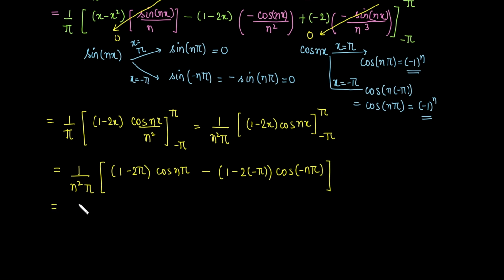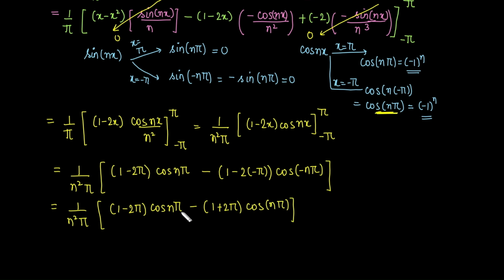This is equal to 1 upon n square into pi, 1 minus 2 pi cos of n pi minus this quantity is 1 plus 2 pi, cos of minus theta is equal to cos theta, that is cos n pi in this case.